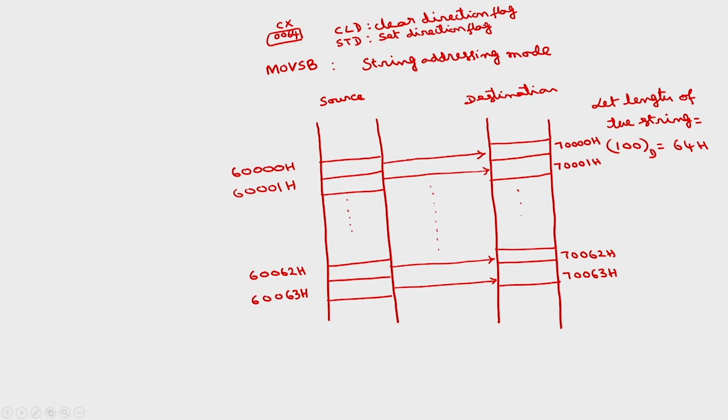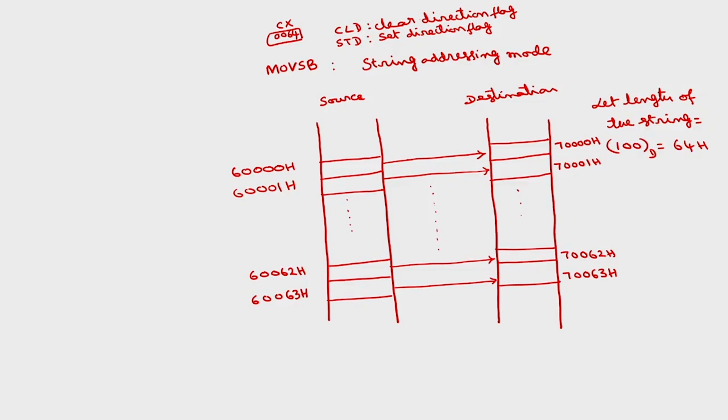If the direction flag is set, the transfer will be from top to bottom. If the direction flag is reset, it will be from bottom to top. Here the transfer is bottom to top, because 60000 is the bottom value and the top value is 60063. So, you have to clear the direction flag.